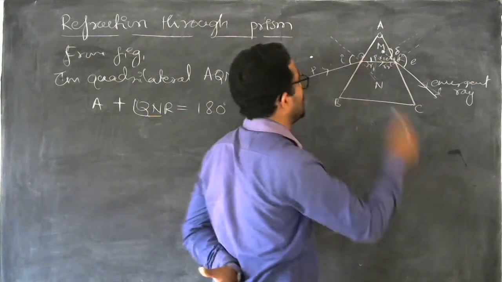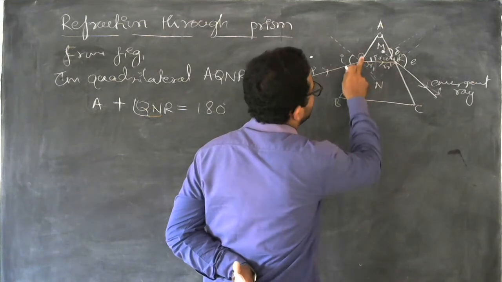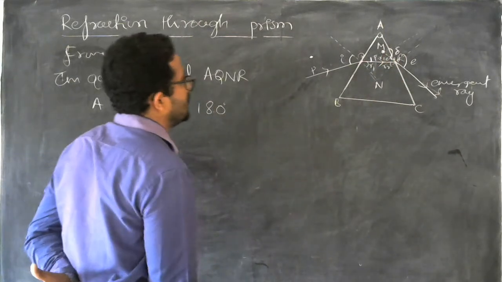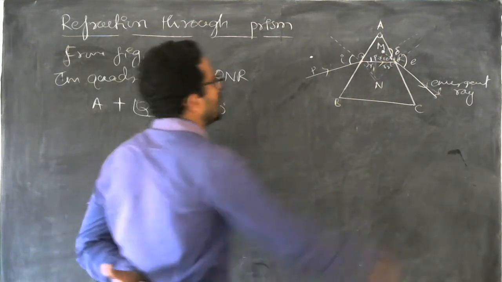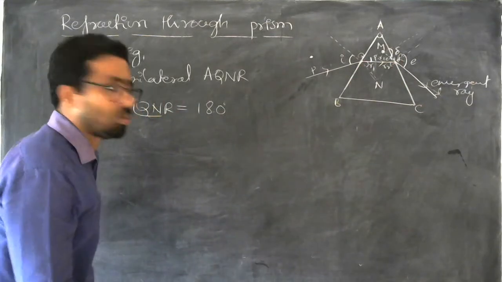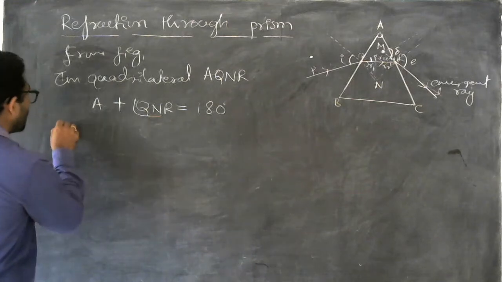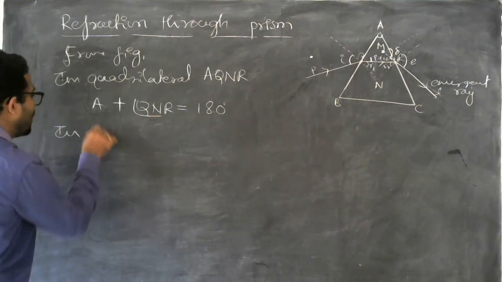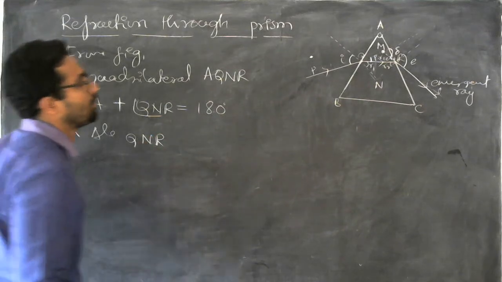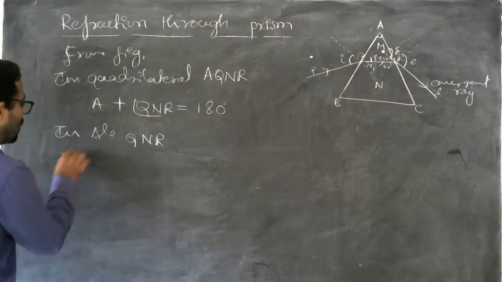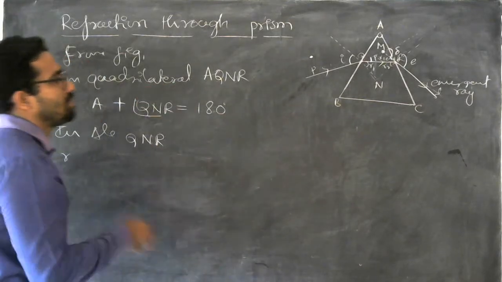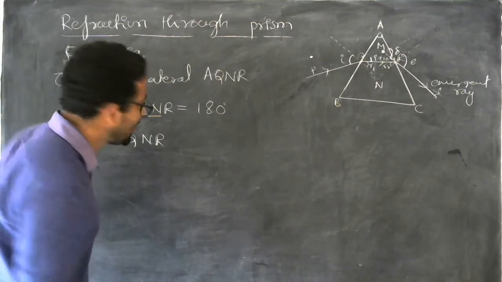Now let us consider the triangle QNR. In triangle QNR, we know the sum of the three angles should be equal to 180 degrees.